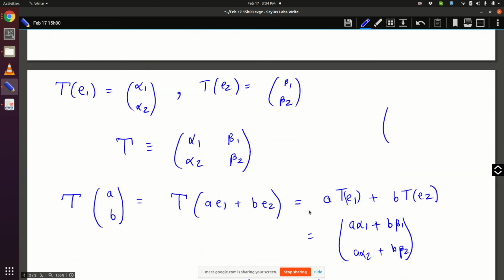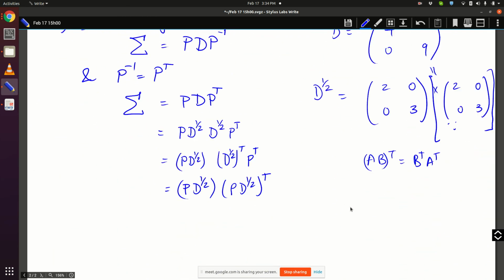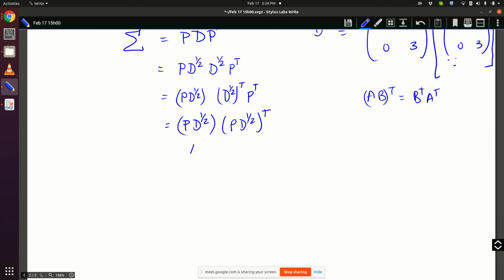Because A A transpose is going to give me sigma, I can choose this as A and this as A transpose. So I can generate Y by doing A Z plus mu, where A is equal to P D power half.